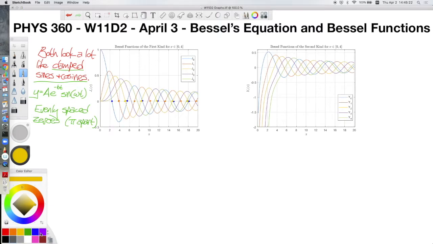We can look at j sub 3, which has its zeros here. We can look at j sub 4, which has its zeros here.